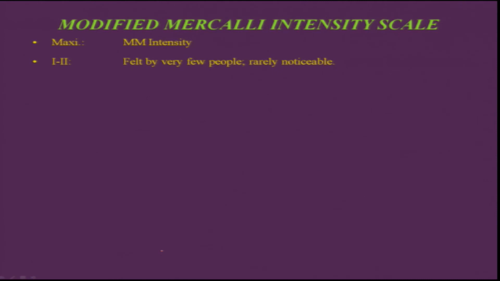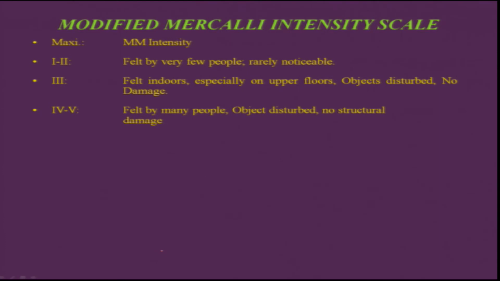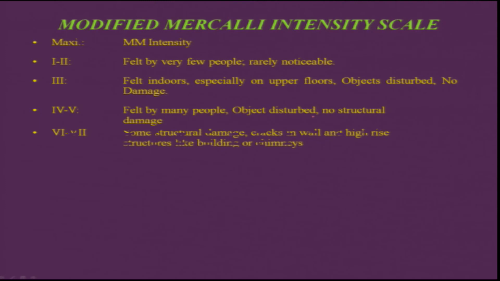So it has been bracketed: 1 to 2 intensity, felt by very few people, rarely noticeable. 3, felt indoors. Okay, objects were disturbed, no damage. Then 4 to 5, felt by many people, objects were disturbed, but still no structural damage will be seen.